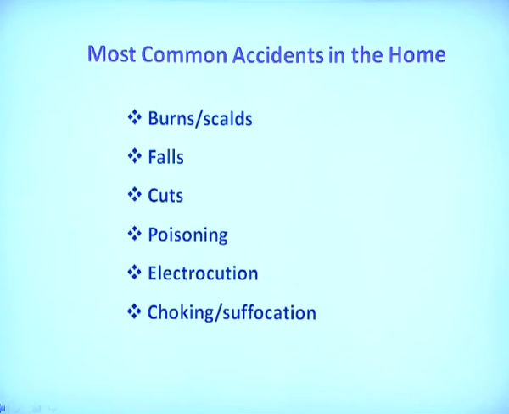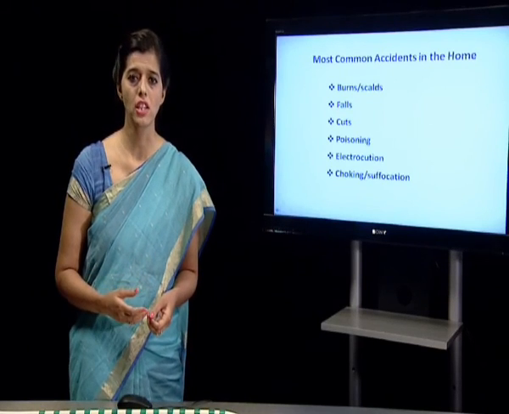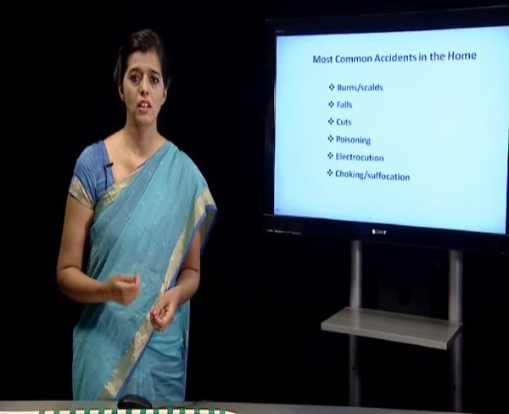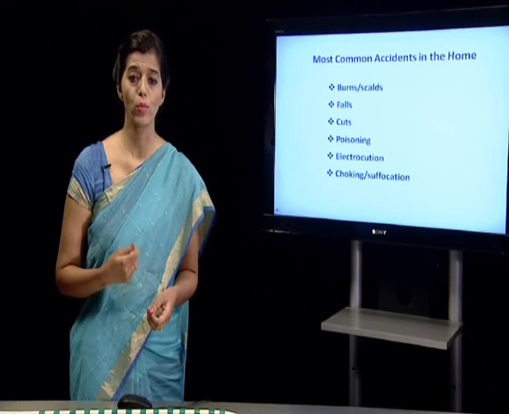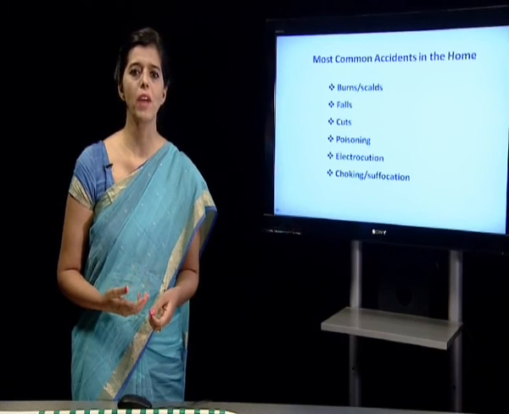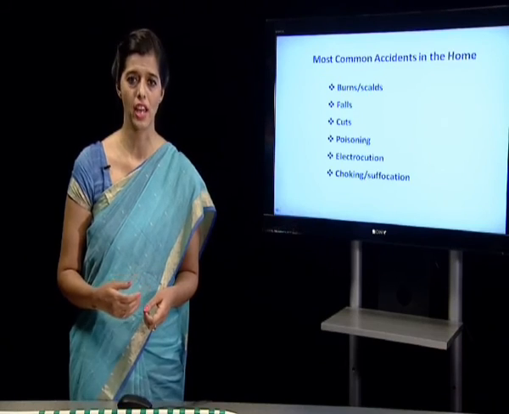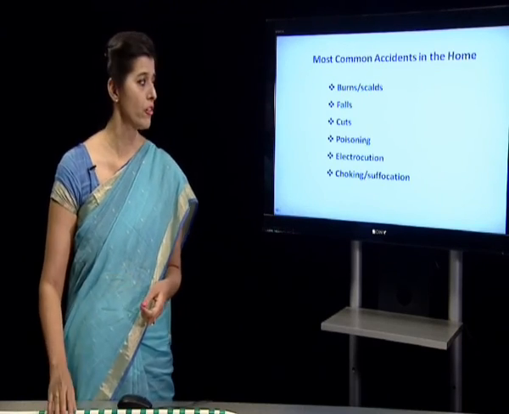Electrocution is another category of common accident, in which one gets a shock through electricity, maybe because the wires are exposed and not properly covered and the switches are open. In that case a person might face electrocution, which is very risky and fatal for one's life. So it needs to be taken care of.